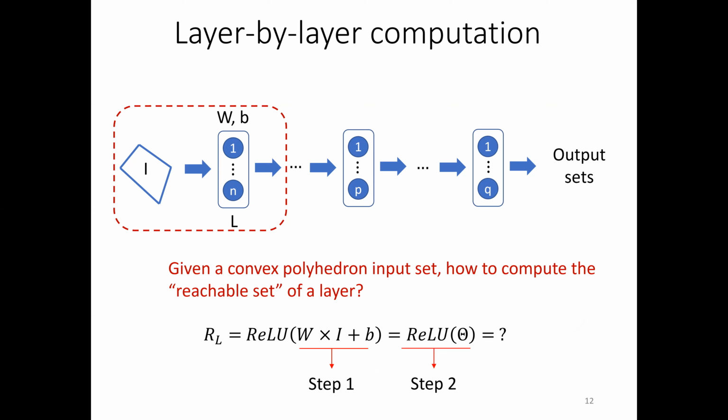Then the output set of the last layer is a union of convex polyhedra. I'm going to show you that in the worst case, even a feedforward neural network with n neurons is going to generate 2 to the power n polyhedra when you do exact analysis. Okay, thank you.